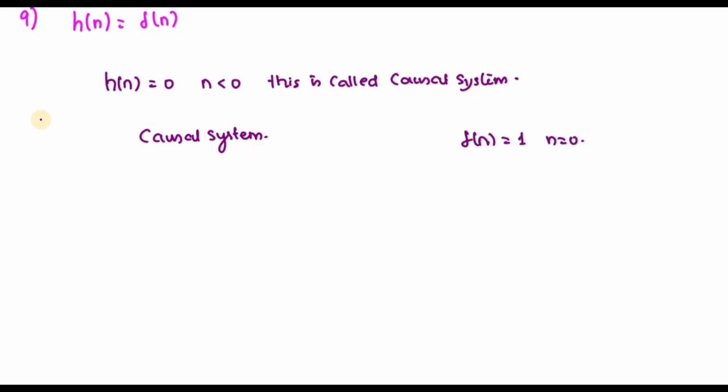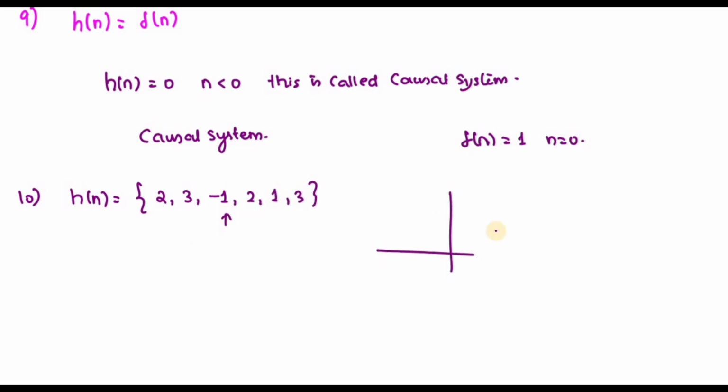Suppose they have given h of n is equal to 2, 3, minus 1, 2, 1 and 3. Here the arrow mark represents 0, so at 0 it is minus 1. For 1 it is 2. For 2 it is 1.